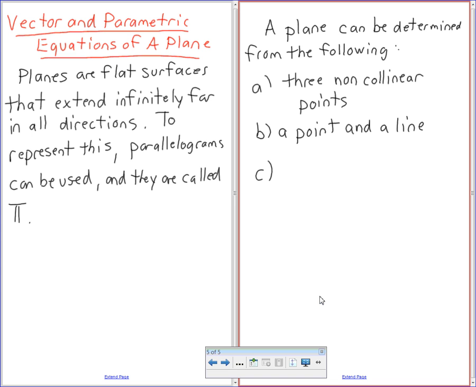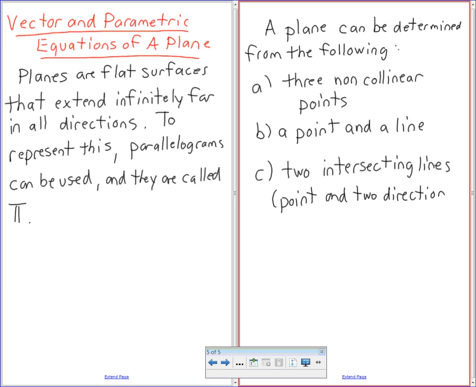C is going to be 2 intersecting lines, and I put in brackets, that's a point and 2 direction vectors. And 2 parallel and non-coincident lines.